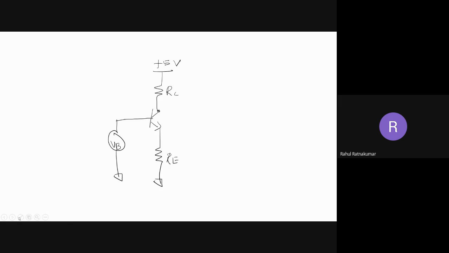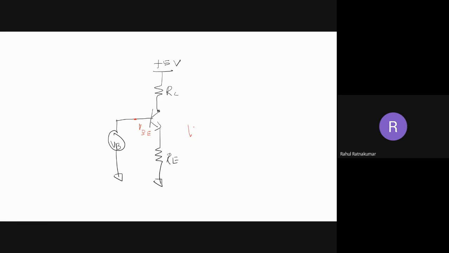Now, let's imagine there's a beta change or the current is changing. There is some voltage here, that is VBE. I'll just explain the idea. What is the idea?